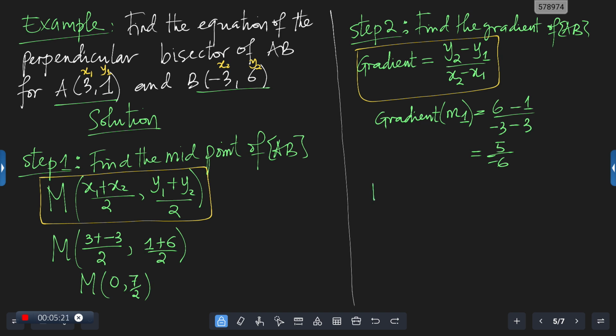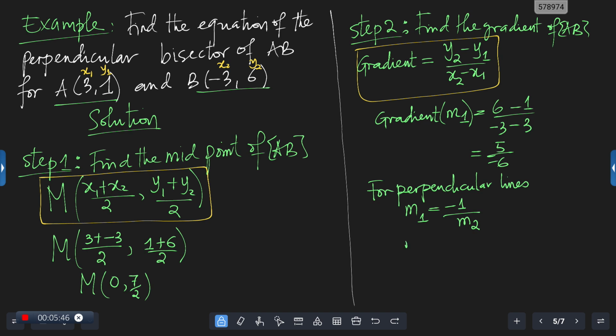So, for perpendicular lines, M1 is equal to -1 divided by M2, which simply means we take the value of M1, flip it over and change the sign.